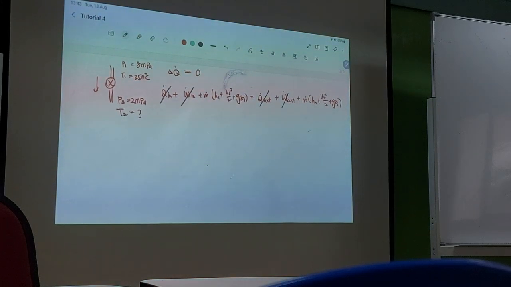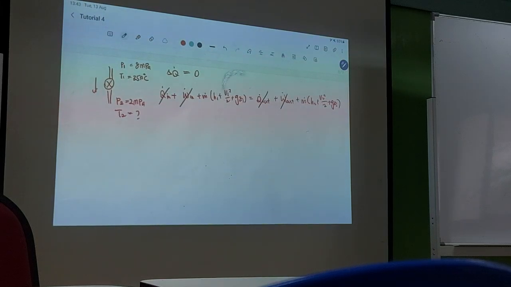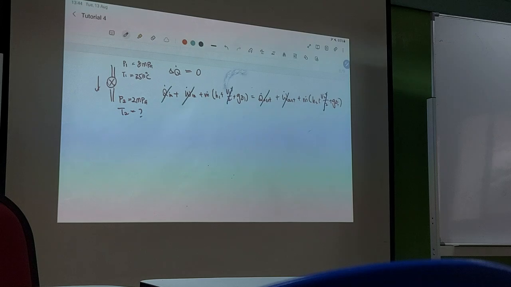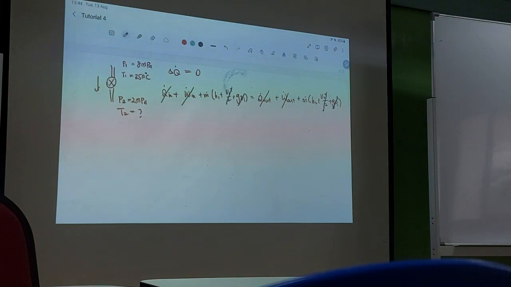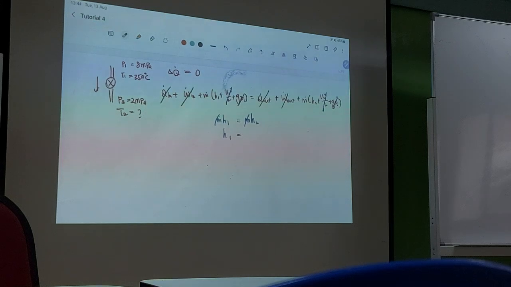But in most cases, even if they change, it is not very significant. So if the question doesn't tell you there's a change in velocity, you can just cancel it off as well. So GZ also cancels off. Ultimately, this comes down to this very weird thing, and the mass flow we can cancel off. Actually, we are left with this.